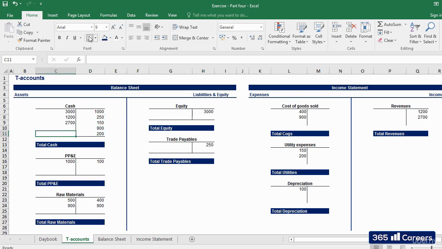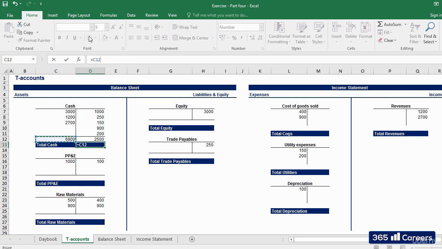For the cash account, we would have the following: 3,000 plus 1,200 plus 2,700 on the left side, and 1,000 plus 250 plus 150 plus 900 plus 200 on the right side.